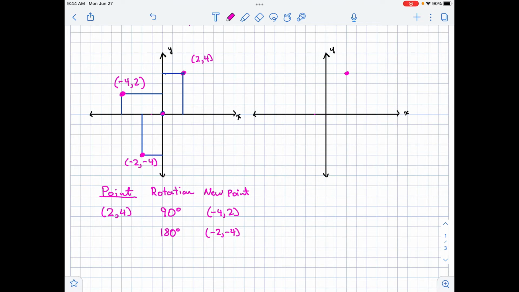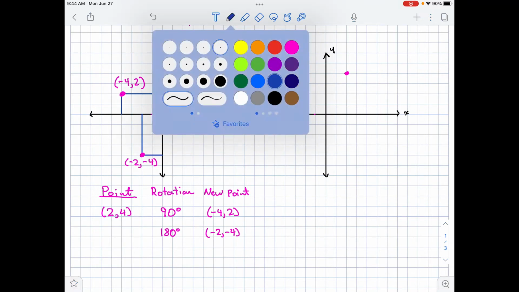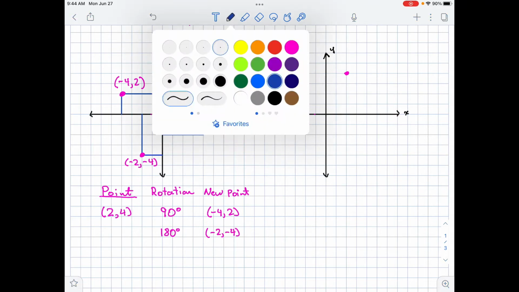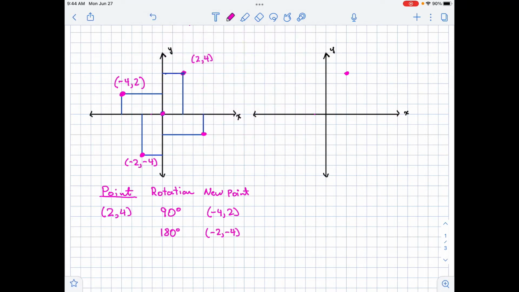Now remember, this thing is just pivoting around this center point here. So let's think about the new rectangle, what it would look like. It'd be this one right here, right? And of course, here is our point. There's our new point. So we went this way, 90, 180, and then 270.